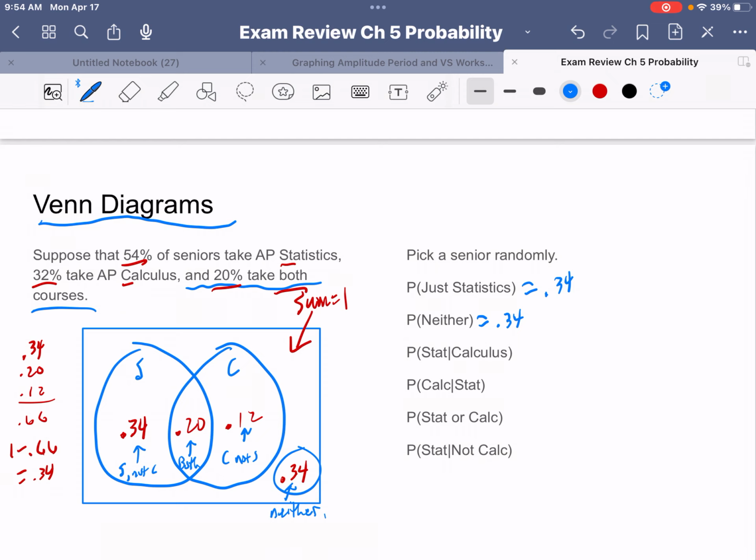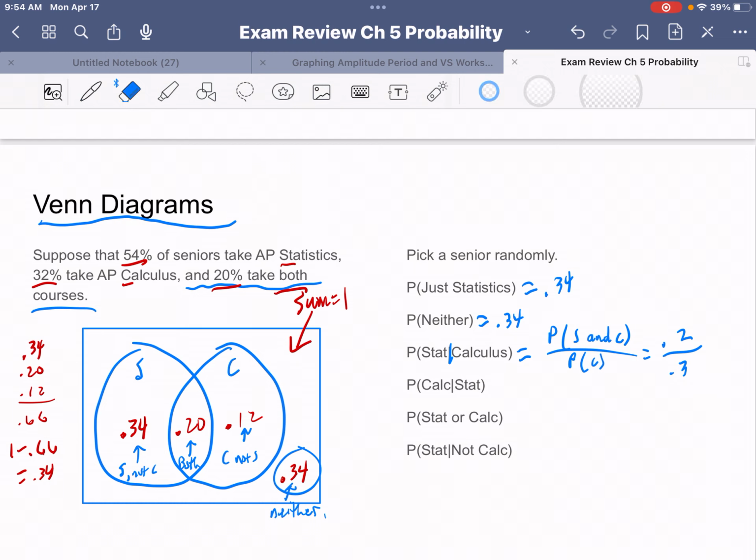What is the probability that the student takes statistics given that the student takes calculus? Well, you better use the conditional formula when you encounter a problem like this. So let me show you. The probability of stats given calculus is equal to the probability of stats and calculus over the probability of calculus. So that would be 0.2 over 0.32.